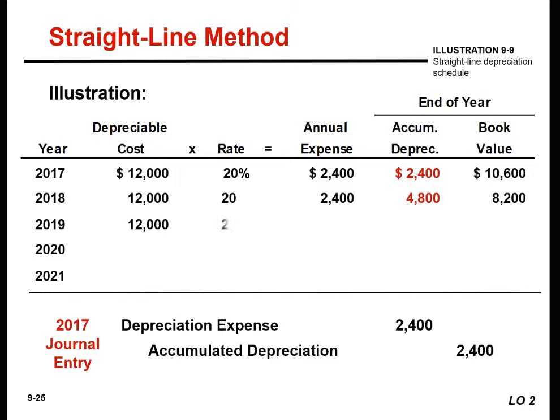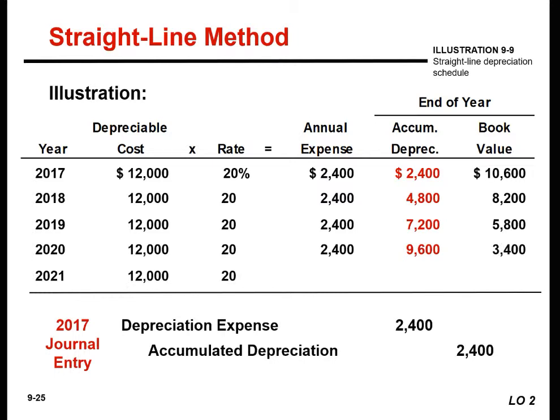We continue to see that as we move through every year of this asset's life. And in the final year, you'll notice that the book value of the asset will drop to its salvage value.